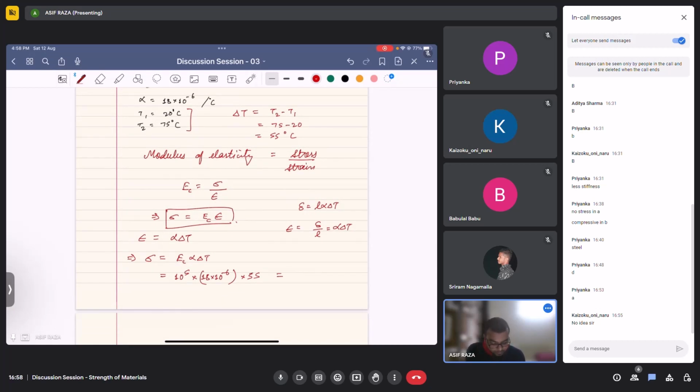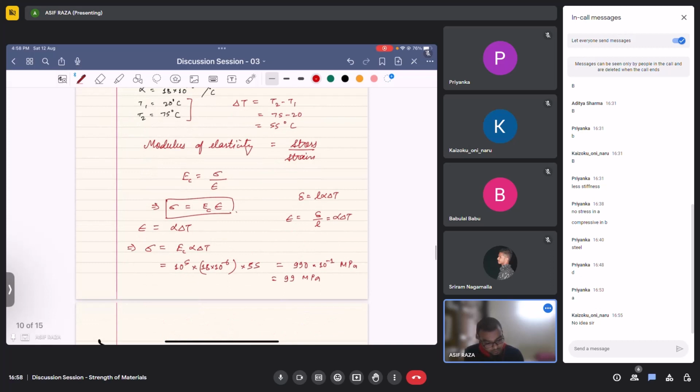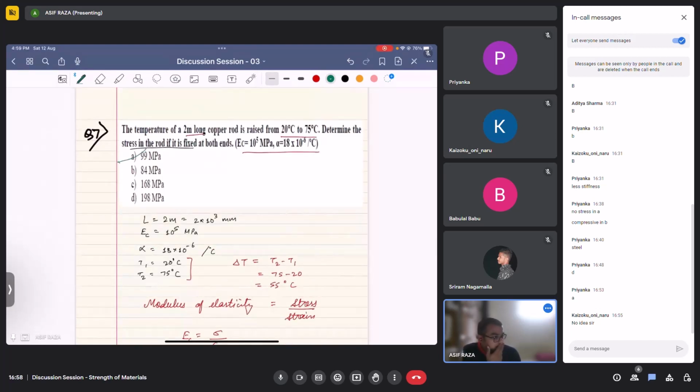So 55 times 18 is 990, into 10 to the power minus 1, in MPa, and this is equal to 99 MPa. So this is the answer. Priyanka gave option A, and that is quite correct. Option A is the answer.